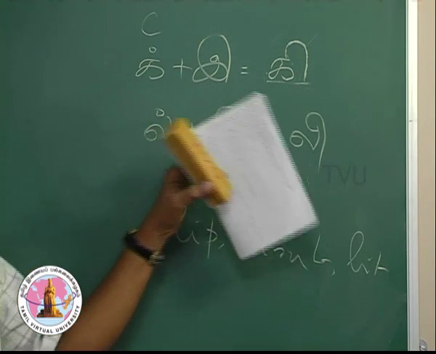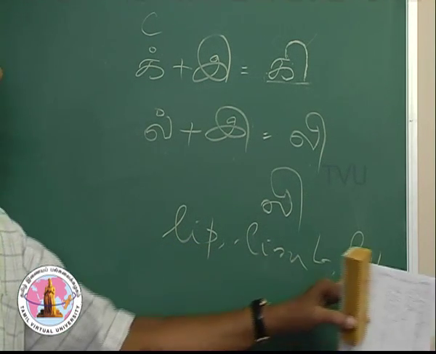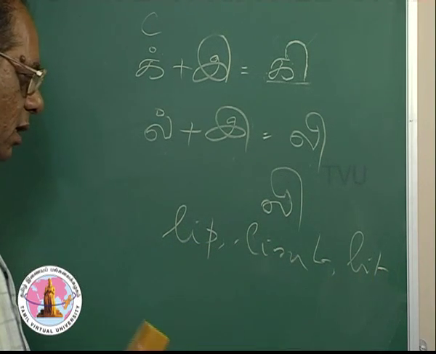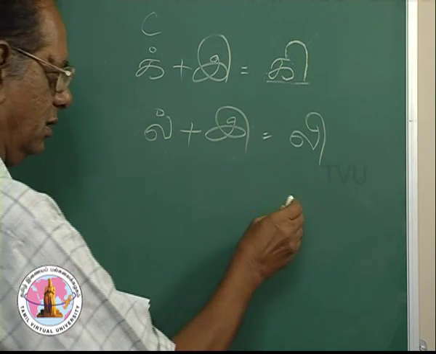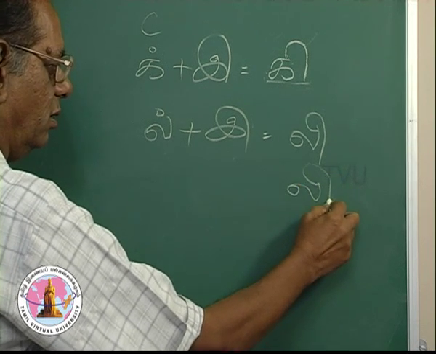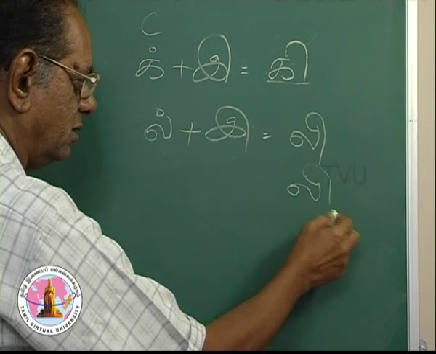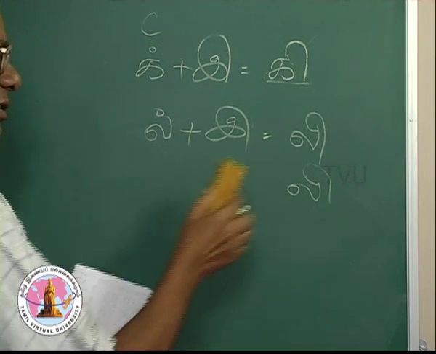Again you mark this. This is la, and the curve is from where the letter ends. So, this is li.